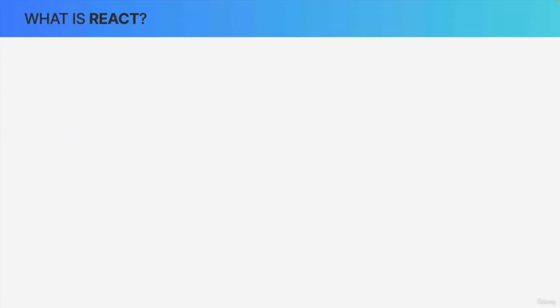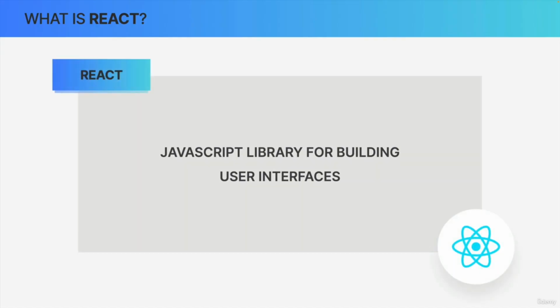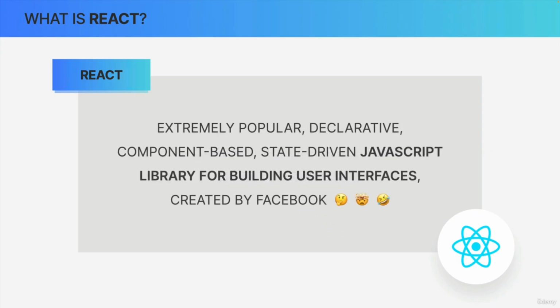So, according to the official React documentation, React is a JavaScript library for building user interfaces. Now that's something, but it really isn't that helpful, is it? So let's extend this definition by a bit so that it becomes more helpful, or should I say, a little bit more crazy. Like this.